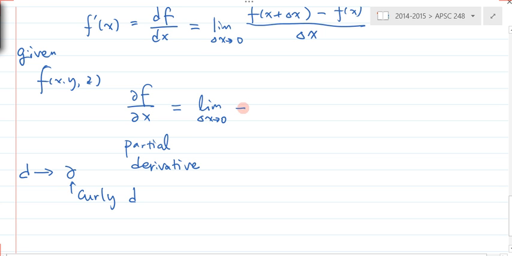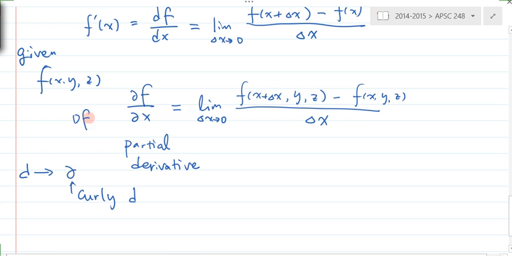You still have it here, and you increment the x quantity by delta x, keep y, z there, minus f of x, y, z, and then divide by delta x. That's the definition of this partial derivative, more precisely the partial derivative with respect to x.